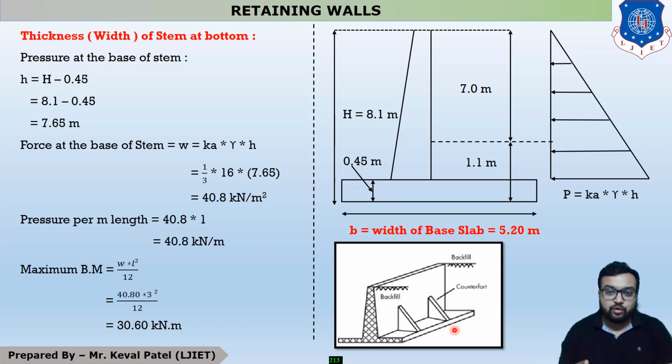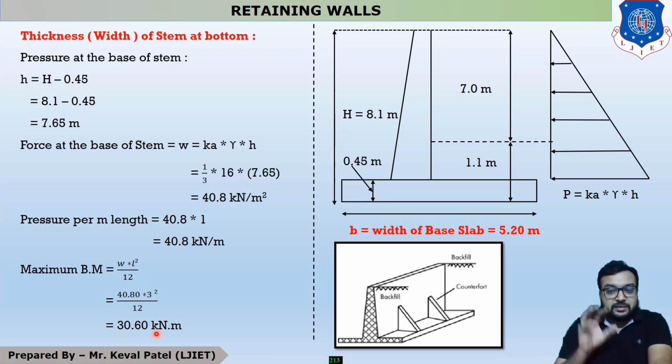You have already used the fixed end moment FEM, WL square by 12. So the equation of maximum bending moment is WL square by 12. After putting all these values, our answer is 30.60 kilonewton meter.